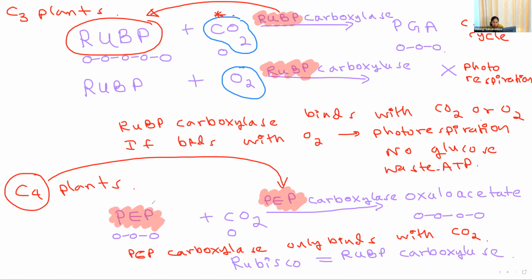I'm going to rewrite the C4 again. We're going to rewrite everything a couple of times until you get used to these things, inputs and outputs. Everyone finish this? Can I go back? Done, yeah? I'm rewriting this part now. I just introduced PEP carboxylase. Can you go back and write down?